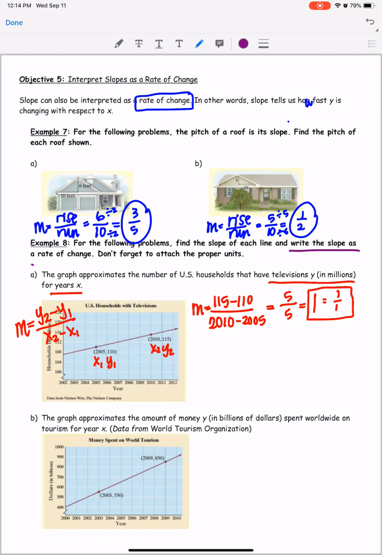Okay, write the slope as a rate of change. We did that. Now we need to attach the proper units to these.